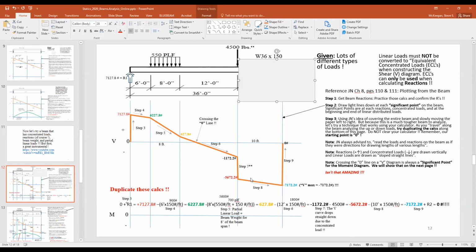Okay, so we're now going to analyze how many feet of the span? 10 feet. So 10 feet drops at 150 pounds per foot, and that's 1,500.